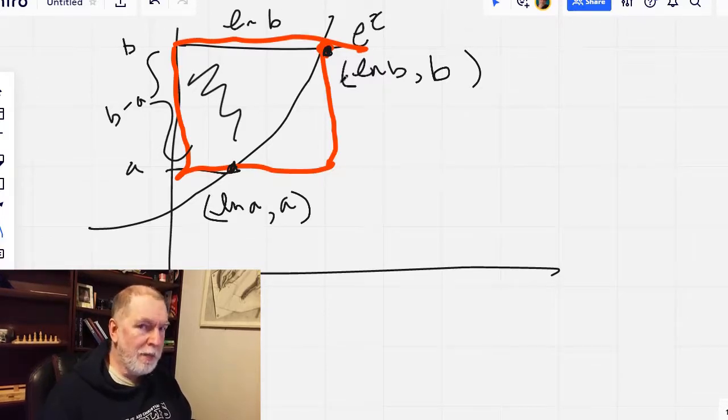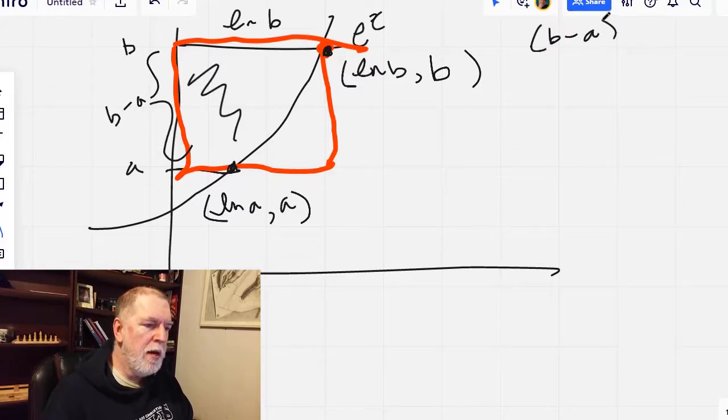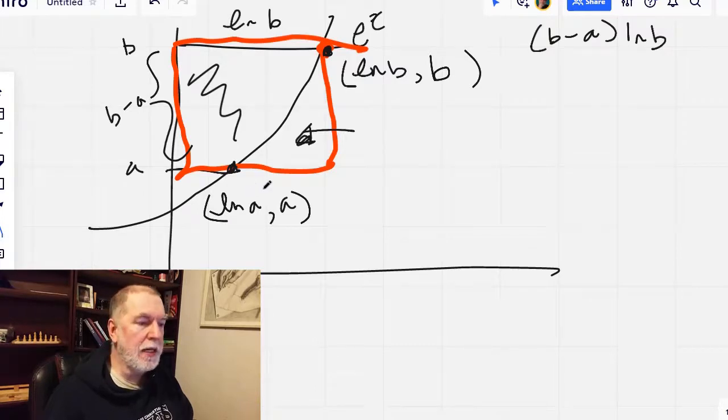So let's make a note of that. So what do we got? We've got b minus a times log b. So we'll write it like this: b minus a times the log of b. But of course now we've got this bit to deal with. We need to subtract that.